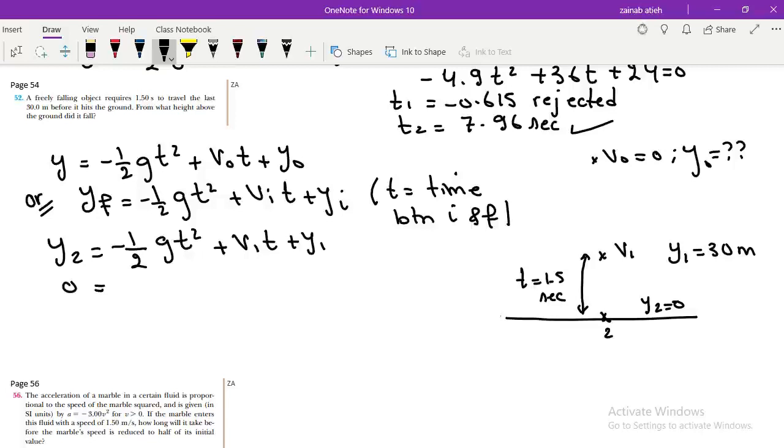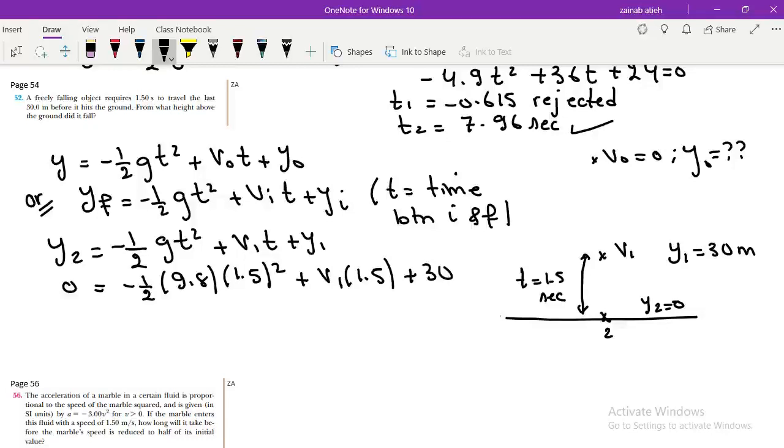Why am I doing this? Because I have the t between 1 and 2 and I want to benefit from it. Okay, I will get minus half 9.8 times t, which is 1.5 squared, plus v1, which I don't have, times 1.5, plus y1, which is 30 meters. Okay, I solve this one.